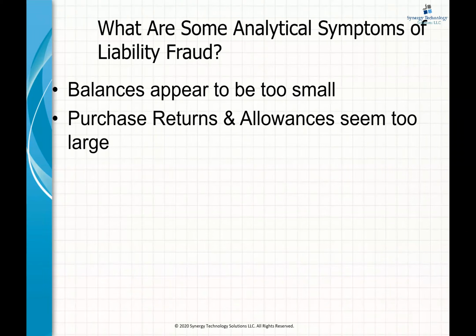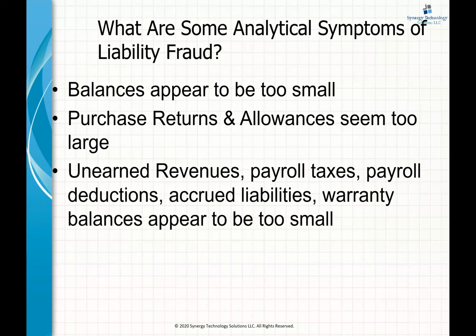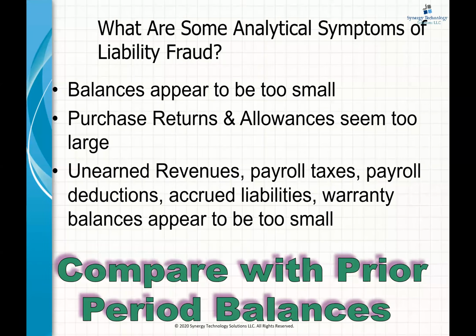Purchase returns and allowances seem too large. Unearned revenue, payroll taxes, payroll deductions, accrued liabilities, warranty balance appear to be too small. Now, compare with prior year balances. Also take the quarterly numbers. Again, it all depends on the risk that you assess about the particular customer.